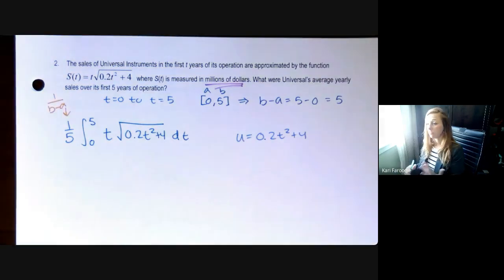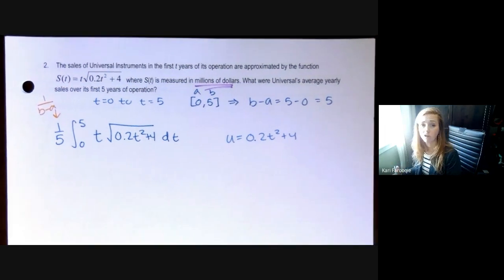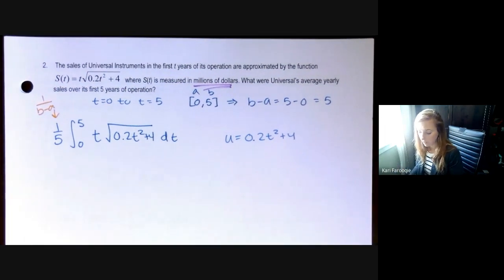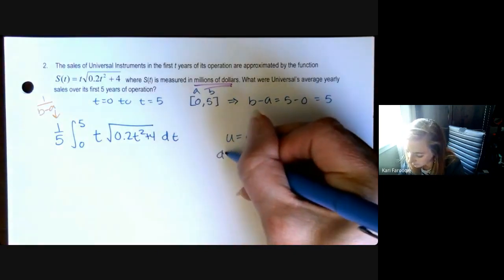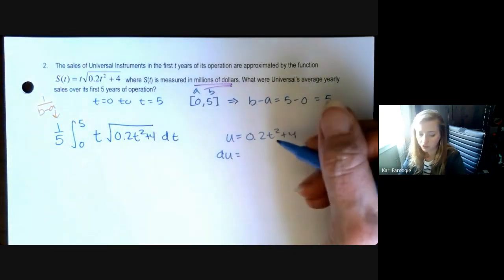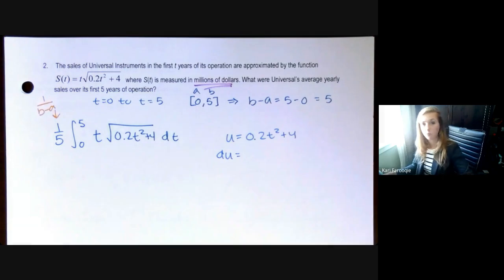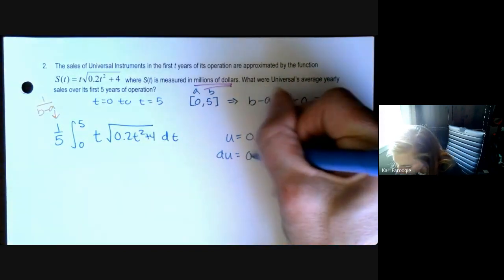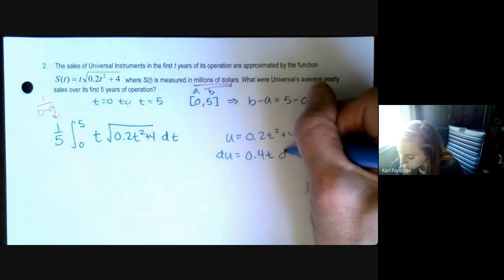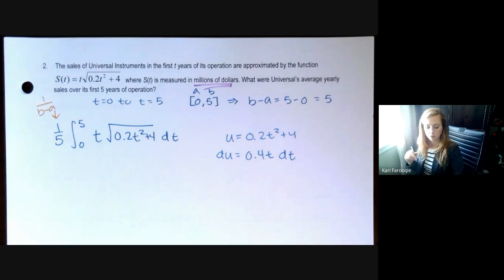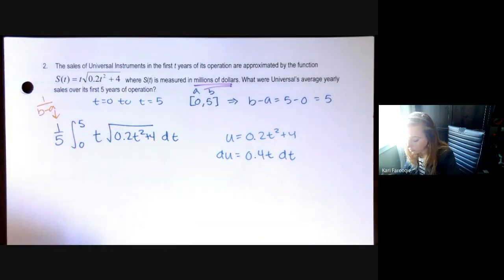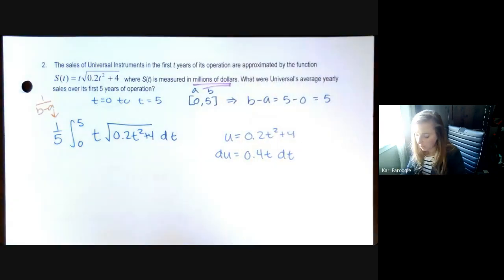Hopefully we're noticing this is a composite function, and u is just going to be the radicand of the radical. du is going to be twice 0.2, which is 0.4, and then drop your exponent by 1, dt. I do not have a 0.4, so I'm just going to go ahead and divide it out.